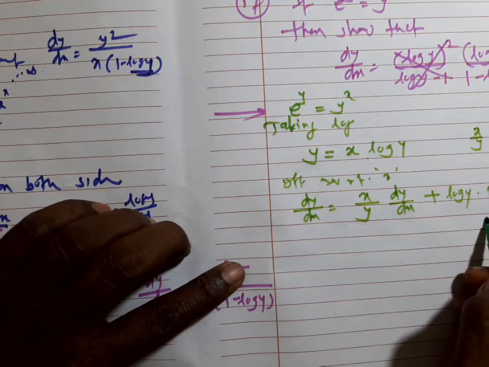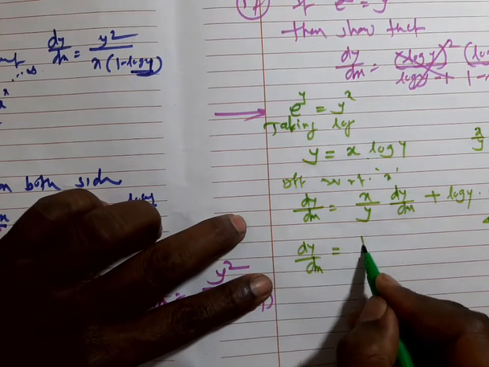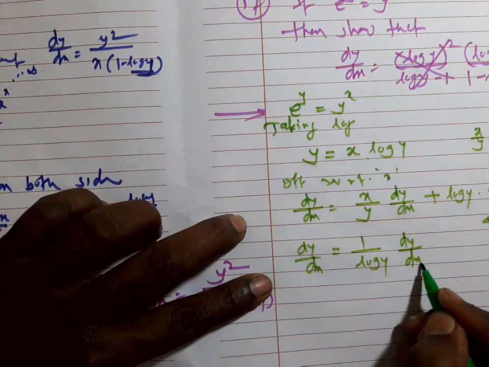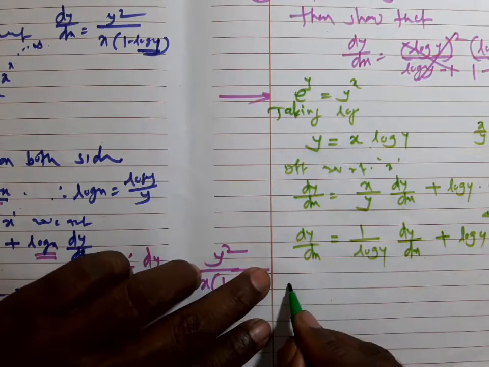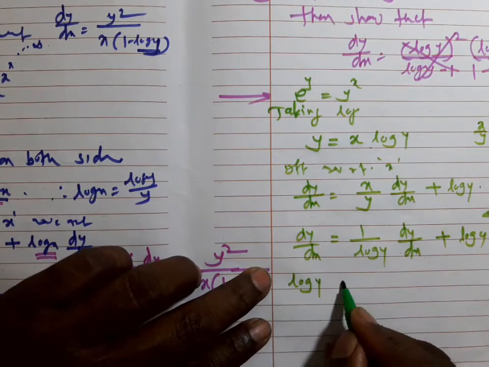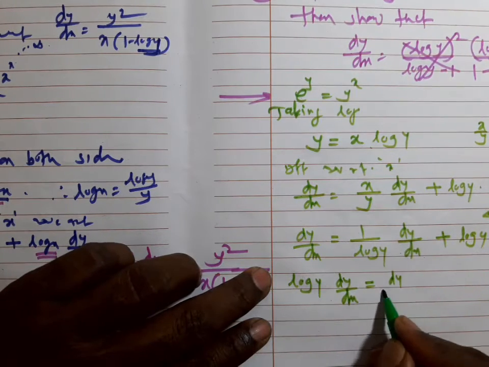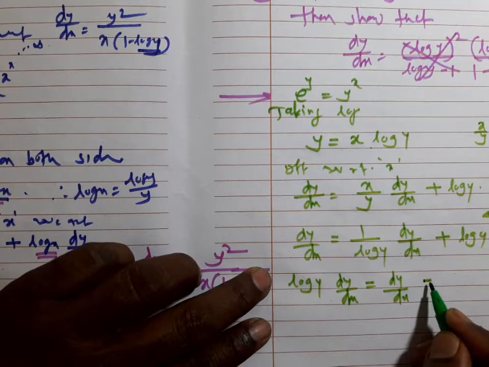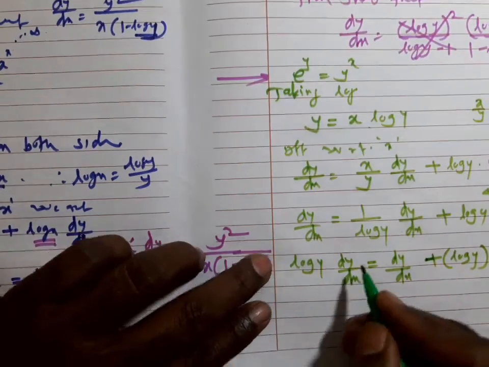So we will substitute here. dy by dx is equal to 1 upon log y dy by dx plus log y. By cross multiplication, log y dy by dx is equal to dy by dx plus log y square.